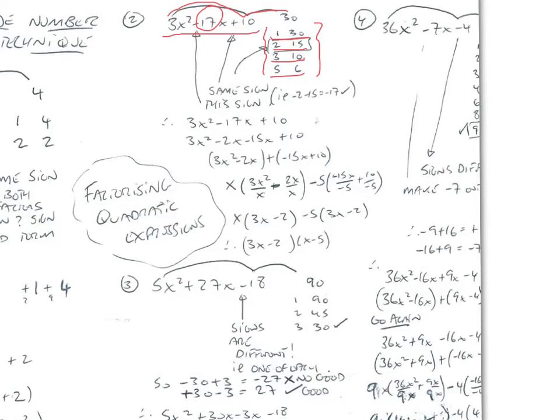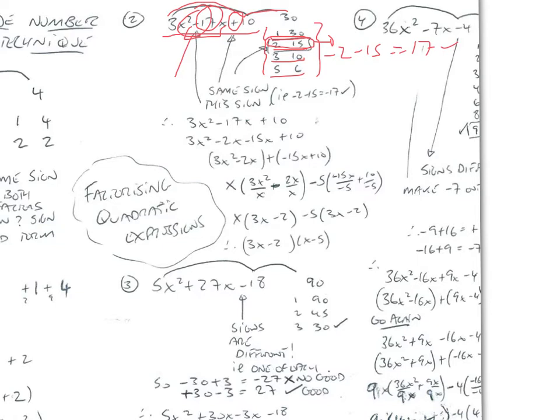We can see that 2 and 15 might give us 17, but we must then look at the sign, and we see that it's positive. That means when we juggle these numbers to make 17, we're going to have to use the same signs for each number, and in this case the sign is negative. So we're going to end up with minus 2 minus 15 equals minus 17. That's perfect, that's what we want.